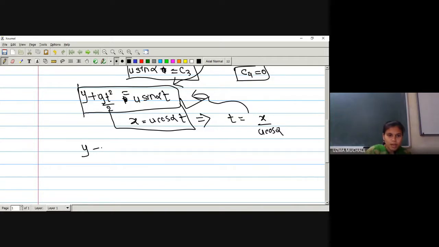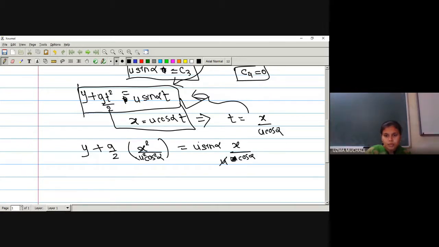So this will be y plus g by 2 times t square, and t square means x square divided by u square cos square alpha, is equal to u sin alpha times x upon u cos alpha.